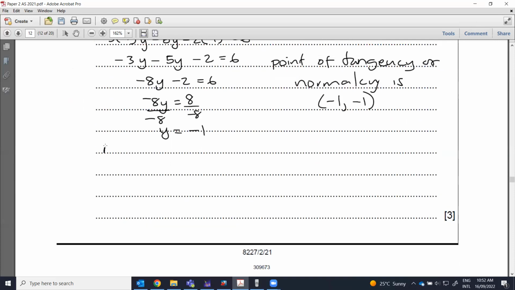So our gradient m, we just substitute into dy/dx. The x value is equal to -1, and the y value is also equal to -1. So we have 4 times -1 minus 3 times -1 over 3 times -1 minus 5.